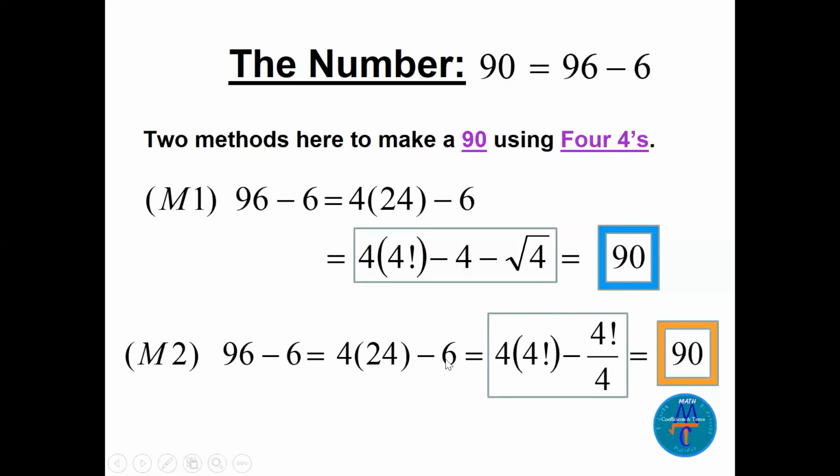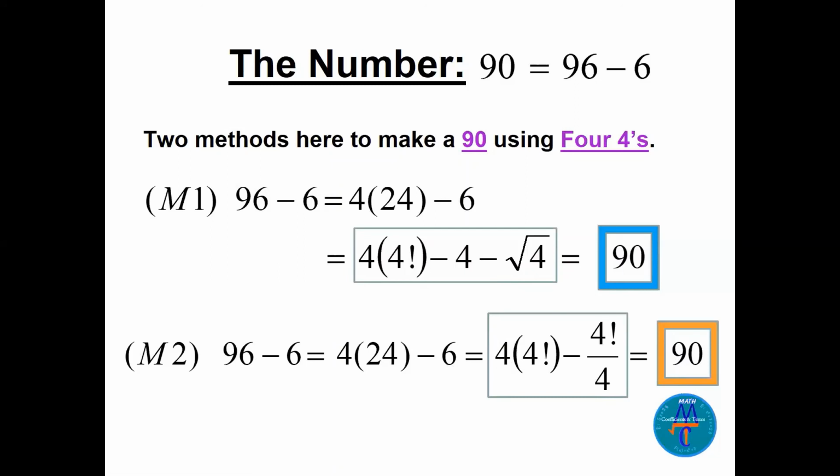You know, the 6 can become 24 divided by 4. So it will be 4 times 4 factorial minus 4 factorial divided by 4. That's only 90. Different answers with the same number 90. This is method number 2.